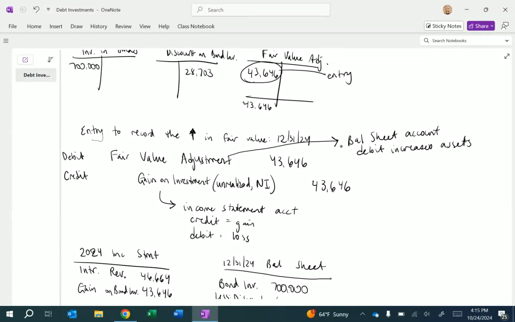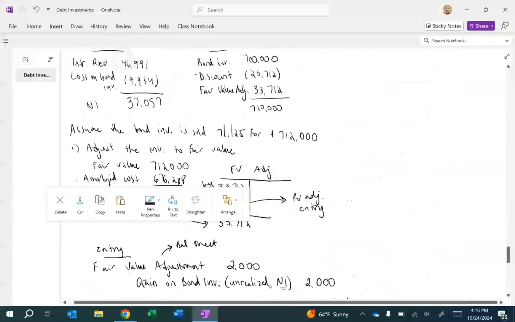We're going to record the entry for the increase in fair value. We still debit to increase fair value adjustment, that balance sheet asset account, and we credit gain on investment, unrealized. The only difference, of course, is that instead of net income, it's going to be other comprehensive income.